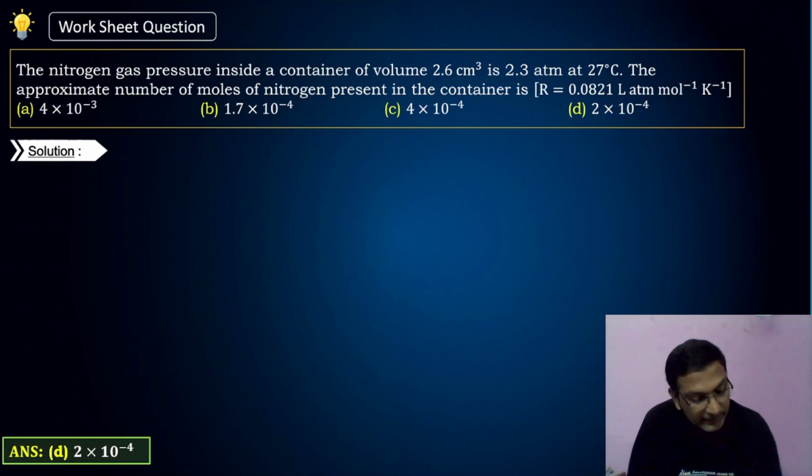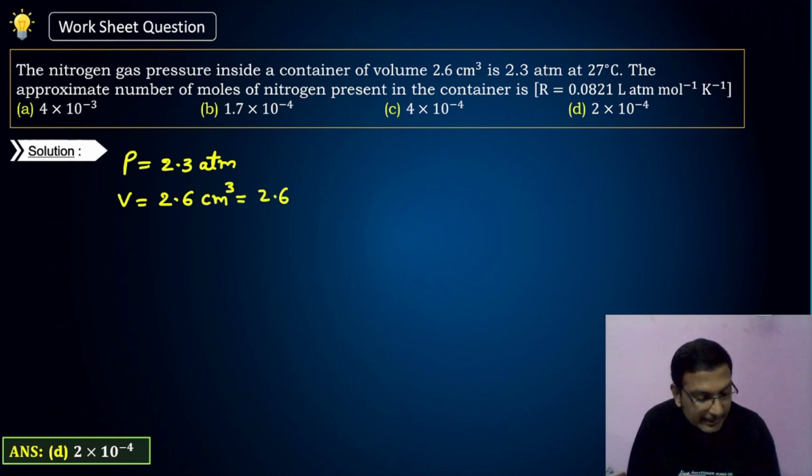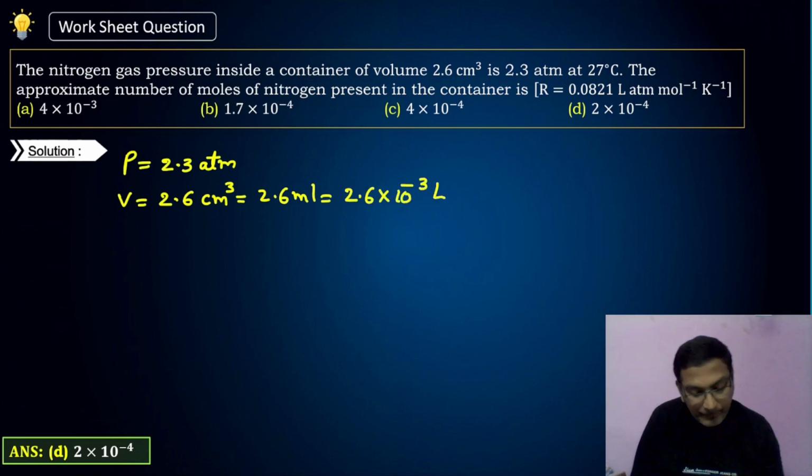Pressure is 2.3 atmospheres and volume 2.6 cm cube, or 2.6 ml, or 2.6 into 10 power minus 3 liters. Temperature 27 plus 273, 300 kelvins.